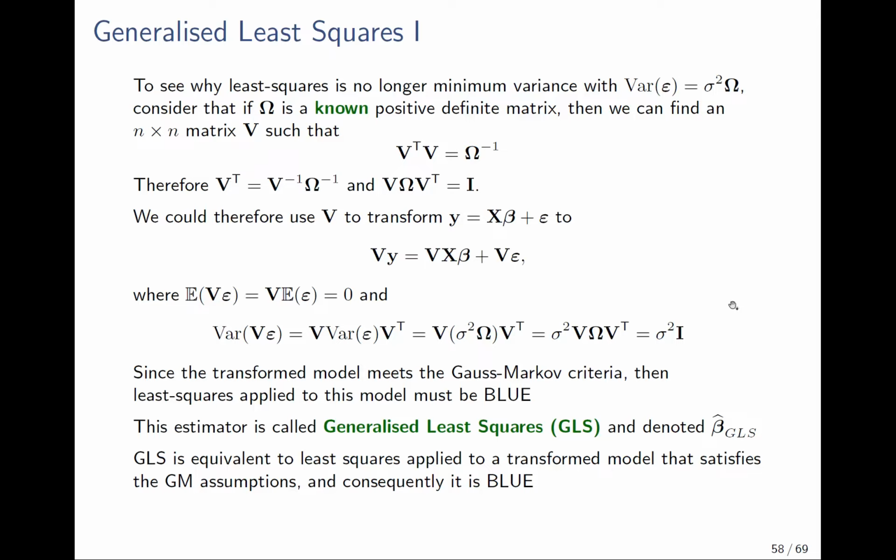This estimator is called generalized least squares, denoted beta hat GLS. GLS is simply least squares applied to the transformed model that satisfies the Gauss-Markov assumptions. But crucially, the transformation must be by V for a known positive definite matrix, where this relationship holds. That's how generalized least squares works.